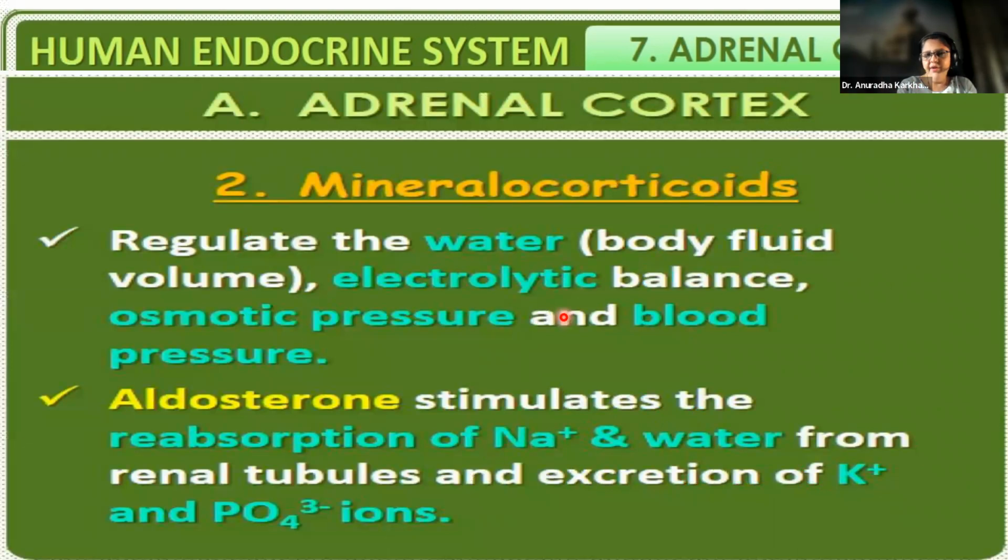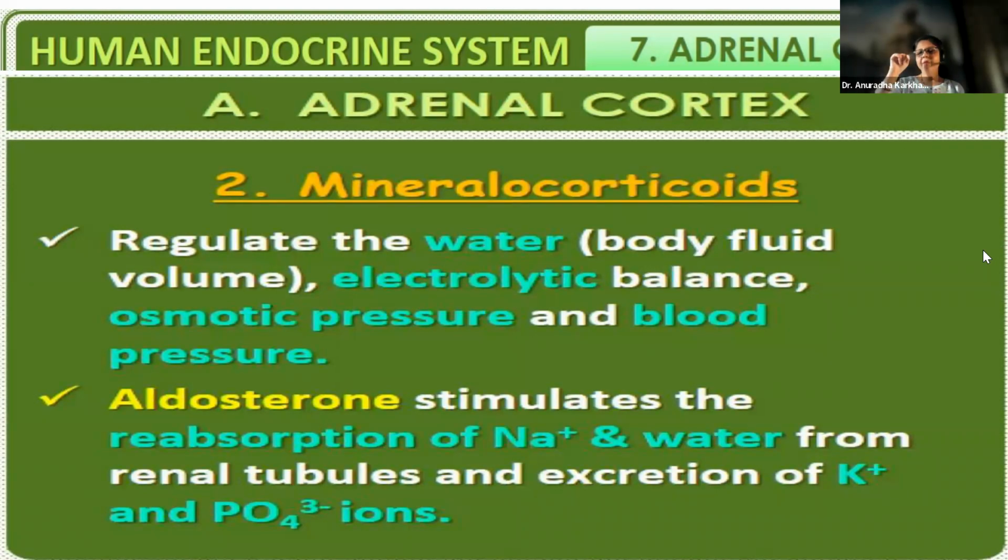Then we come to mineralocorticoids. We have seen mineralocorticoids basically in the excretion and osmoregulation chapter. They regulate body fluid volume, electrolytic balance, osmotic pressure and blood pressure. Aldosterone mechanism, do you all remember? Vasodilator, vasoconstrictor, these names sound familiar. Aldosterone stimulates the reabsorption of Na+ and water from renal tubules and excretion of K+ and PO4 3- from the renal tubules.